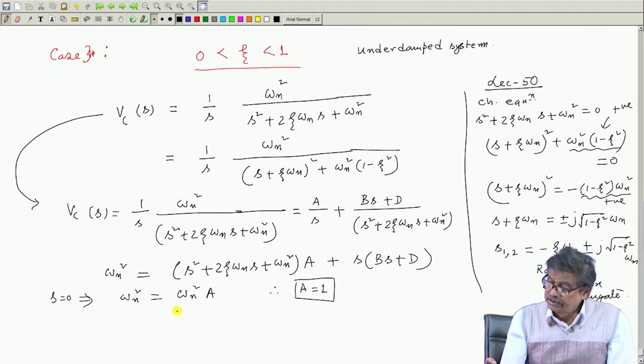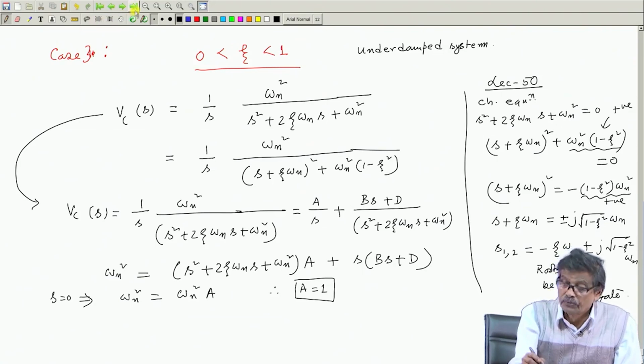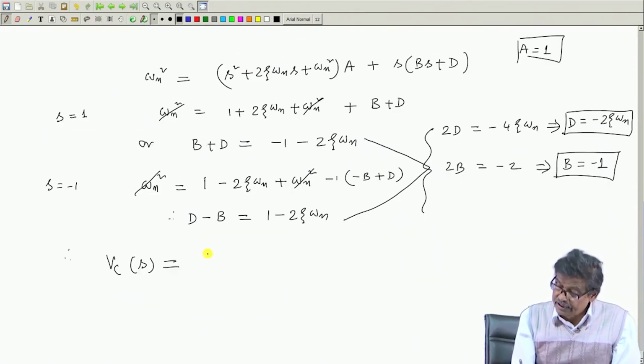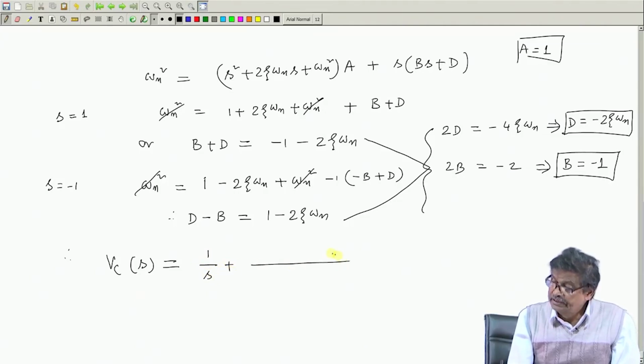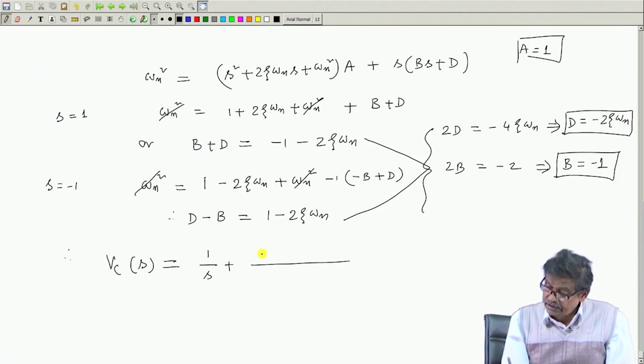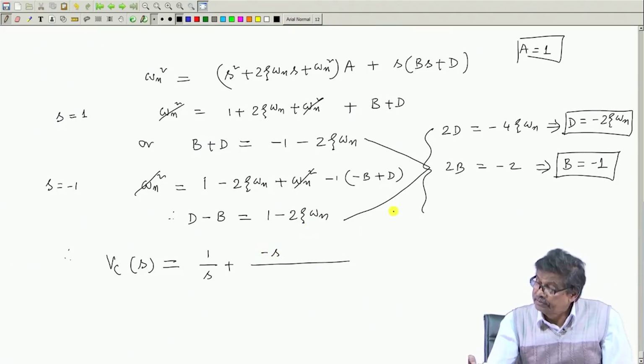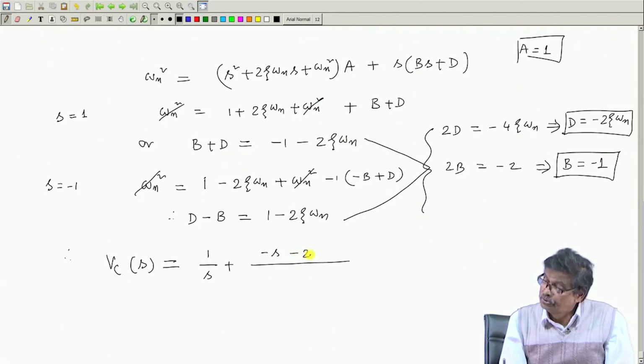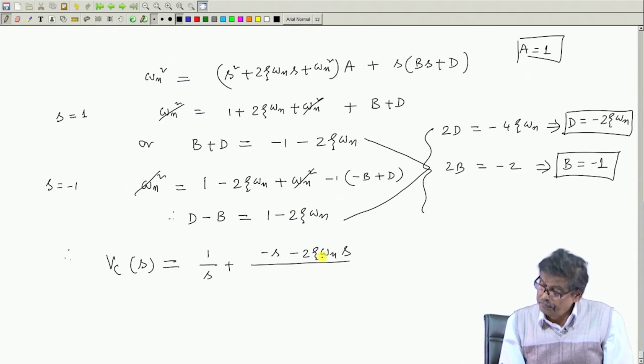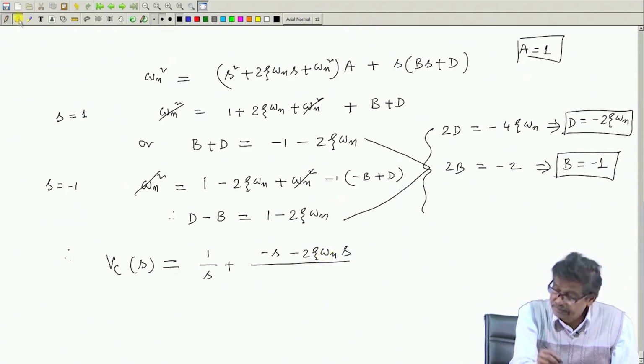A by S, B s plus D, etc. So, A by S, A was 1, A by S plus B s plus D, that is minus S plus D, means minus 2 zeta omega n into S. Some mistake here.